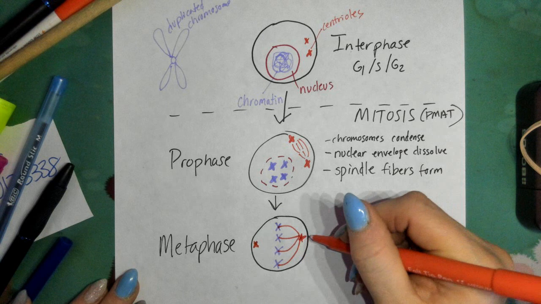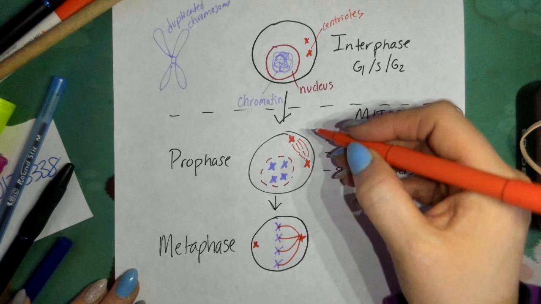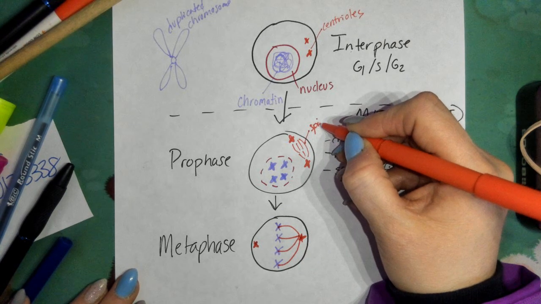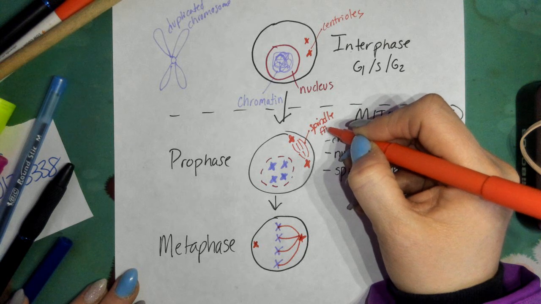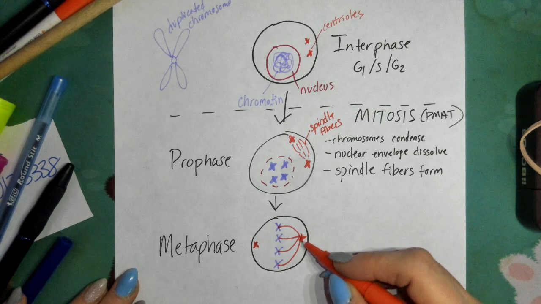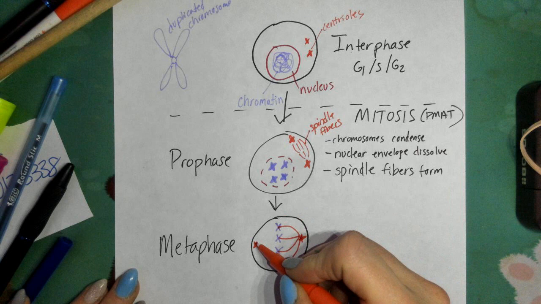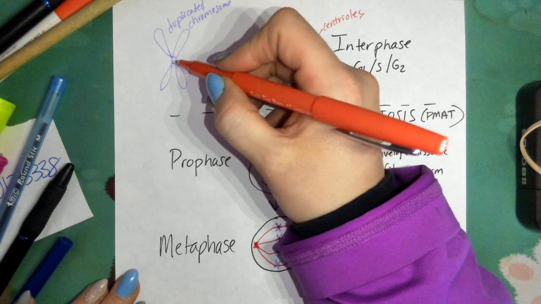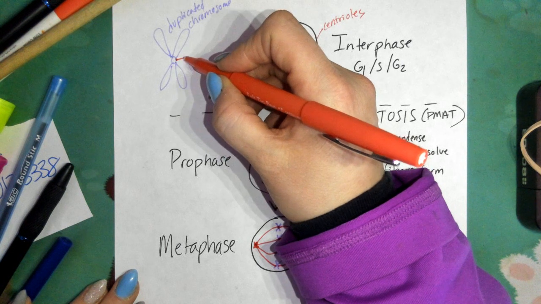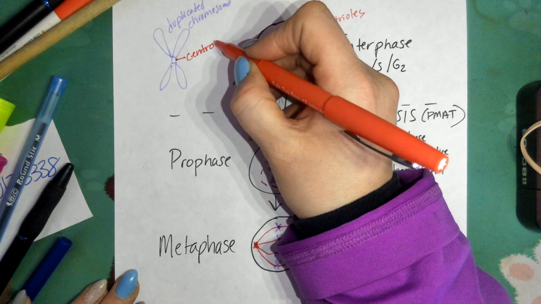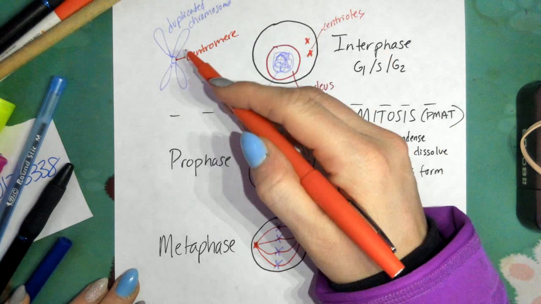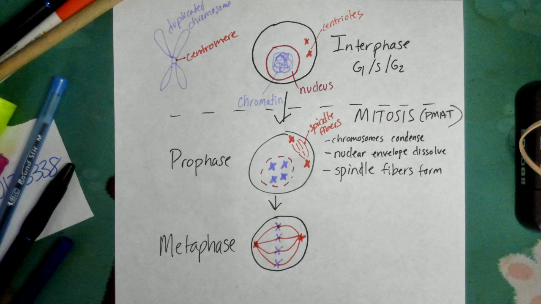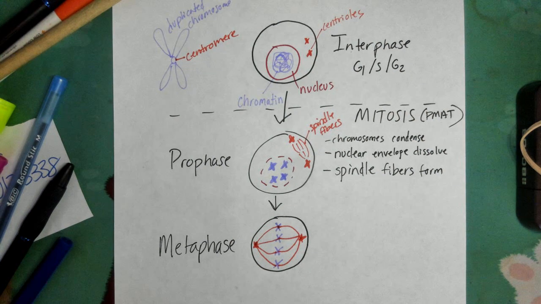The spindle fibers are attached to this centriole. I don't think I labeled spindle fibers yet. They're going to attach to that centriole on the end. And then on the chromosome, it's going to attach to the centromere. The centromere is the center part of this duplicated chromosome that's going to hold the two chromatids together.